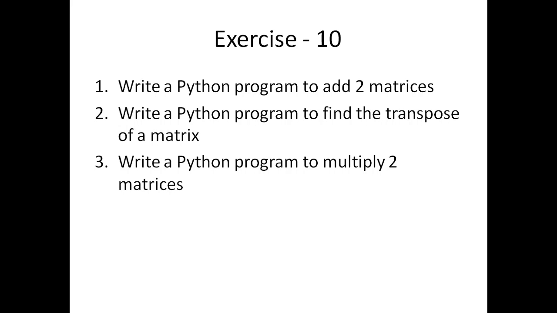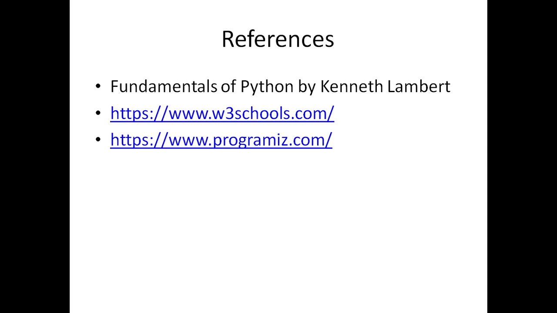Here also, write a Python program to find the transpose of a matrix, and get the input matrix from the user. The third program is to write a Python program to multiply two matrices. Here also, try to get the matrix from the user. Okay. So these three exercises are there, and these are the references.